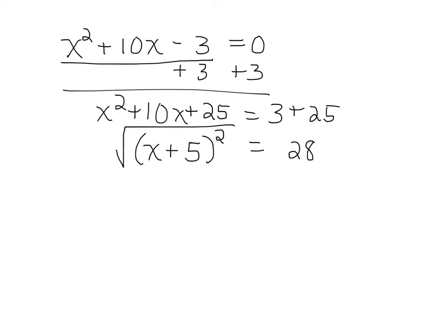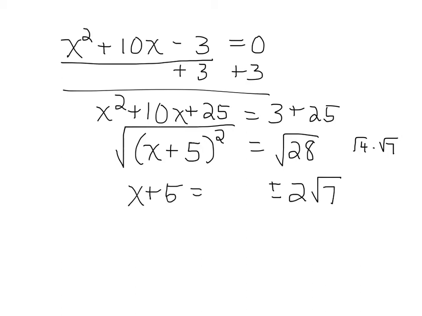When I go to root both sides, I recognize that 28 is also 4 times 7. Root 28 is root 4 times root 7. And root 4 is 2. So this is 2 root 7. This is x plus 5 equals 2 root 7. To get x alone, I subtract 5. Now you will also be expected to find decimal equivalents of this.